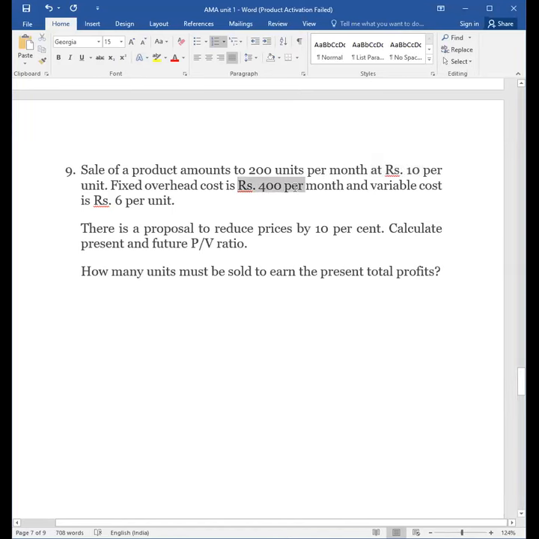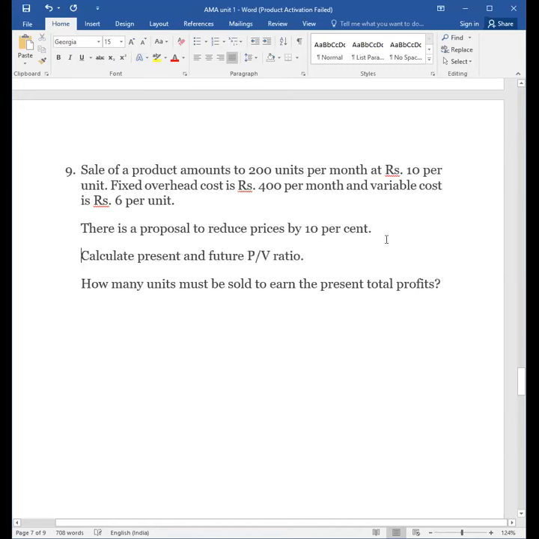Next, they have given you the fixed cost as well. The fixed cost for 1 month is 400. And also they have given you the variable cost, rupees 6 per unit. Keeping this information, you are supposed to calculate the PV ratio for the current situation, and there is a proposal to reduce the prices by 10%.